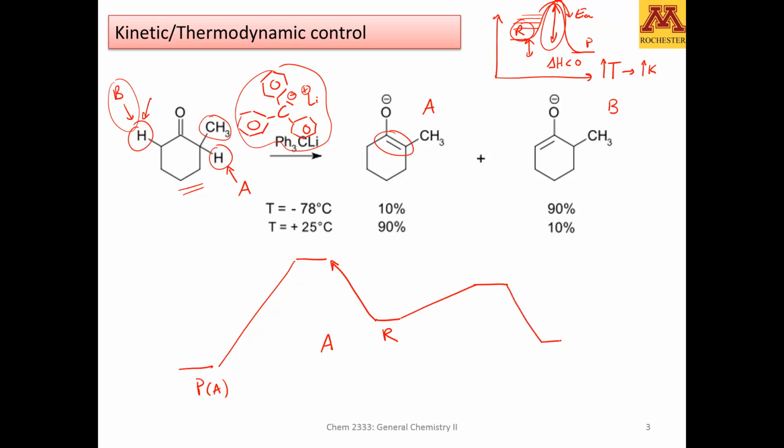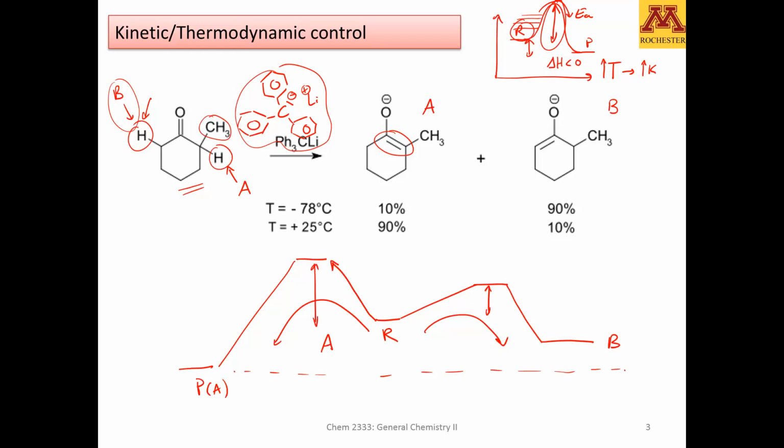However, the product B should be less stable. Let me just make it clear. Reactants can behave one way or another. For path A, the product is more stable. For path B, the product is less stable, but the barrier is smaller.